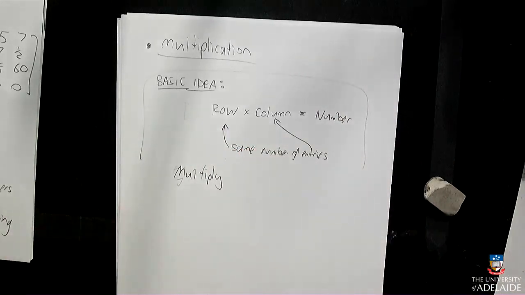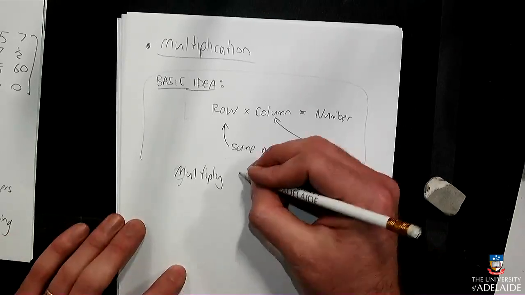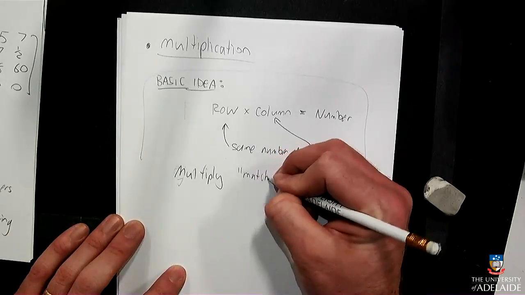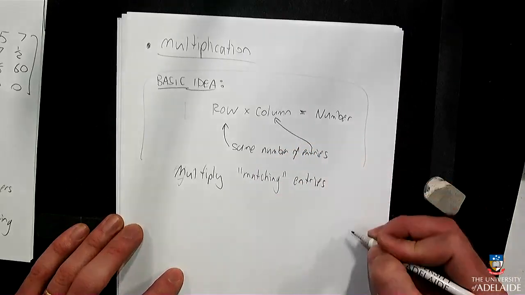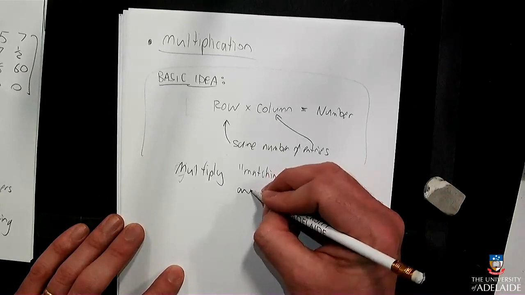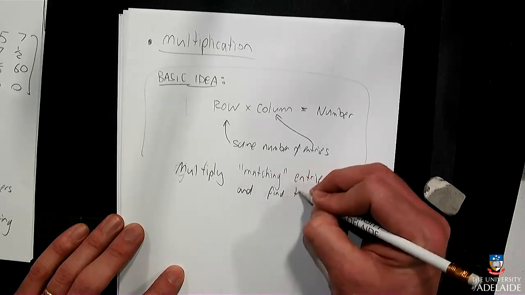But they don't match in the same way as they used to because they're not in exactly the same position, but that's the idea. So multiply matching entries and find the total.